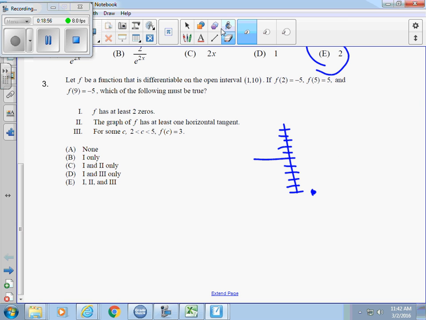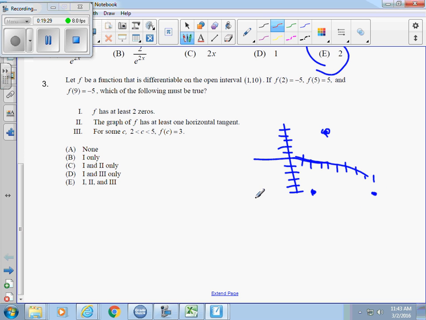Helps if you draw it right. So, f of 2 is negative 5, f of 5 is 5, and f of 9 is negative 5.